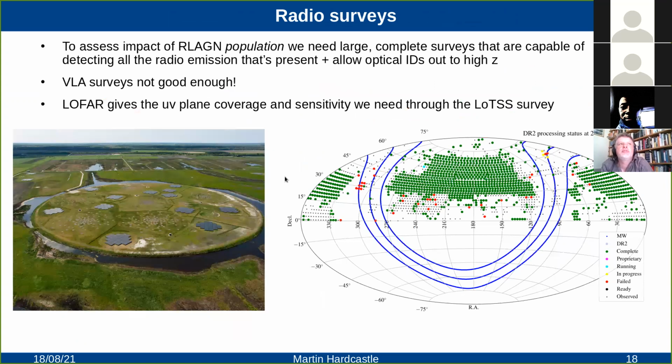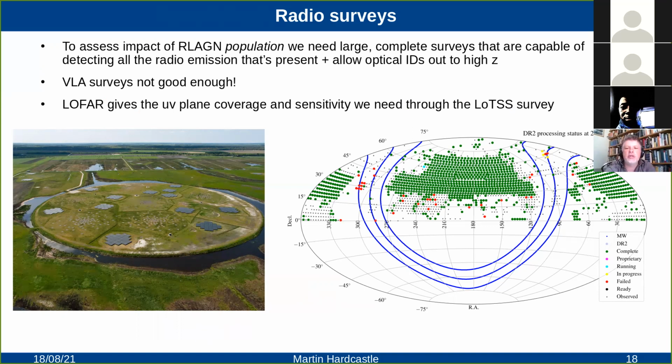That means they're either not sensitive to large scales or small scales. Next generation instruments like LOFAR and like MeerKAT and like the SKA have really good UV plane coverage, and you can make observations that show you all of the radio source at once.